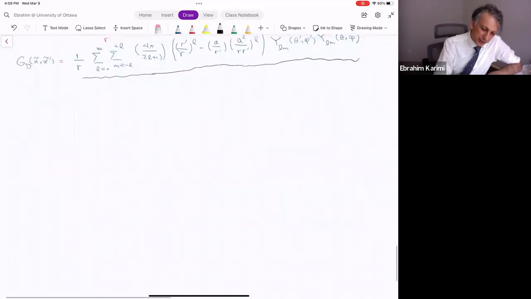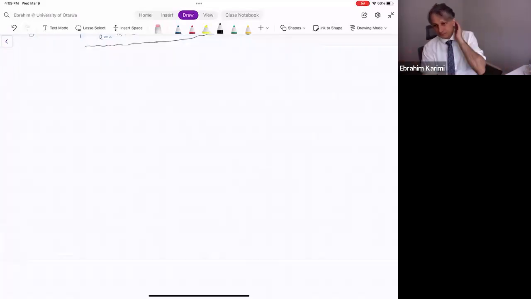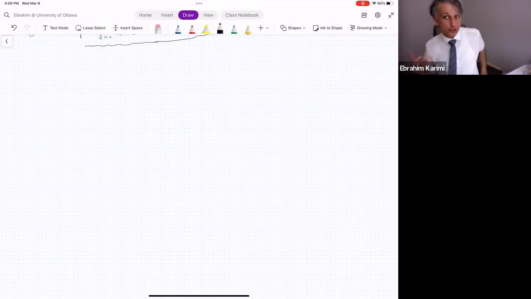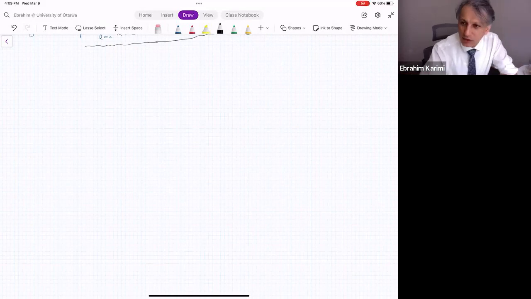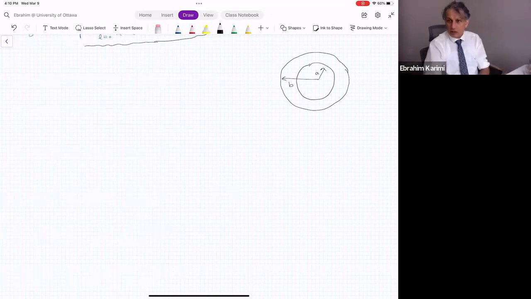Okay, let me go back and say that, look, I'm giving you a geometry. This geometry was such a way that I could solve it easily. Now I will give you a geometry which is more complicated. So I will give you a spherical geometry of the spherical cylinders, and then maybe another cylinder at the distance of A and distance of B, right? And I do have different boundary conditions there.